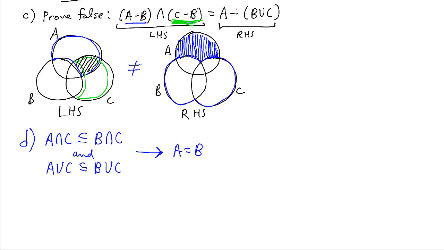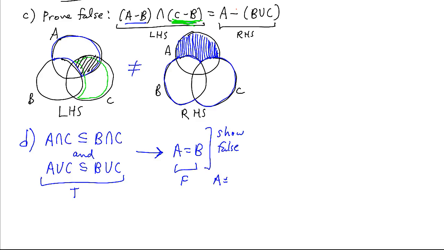And we're supposed to show that this is false. In order to show an if-then statement false, I want to have a true premise and a false conclusion. So I want A not to be equal to B, in other words. And I want A intersect C to be a subset of B intersect C.